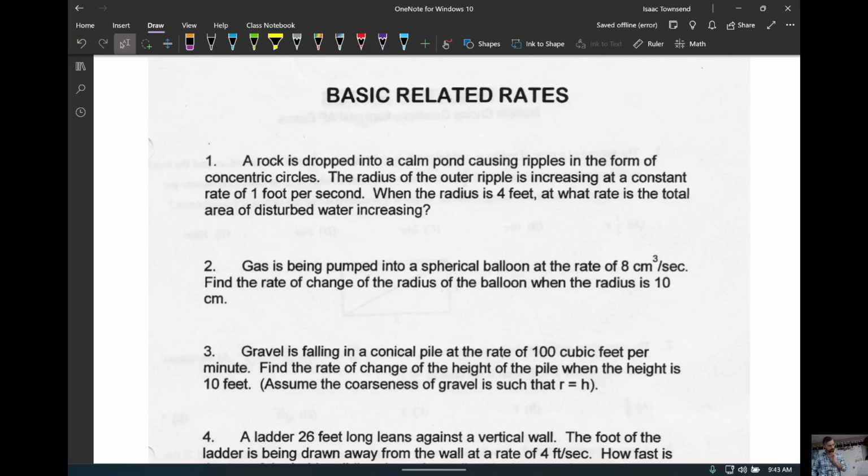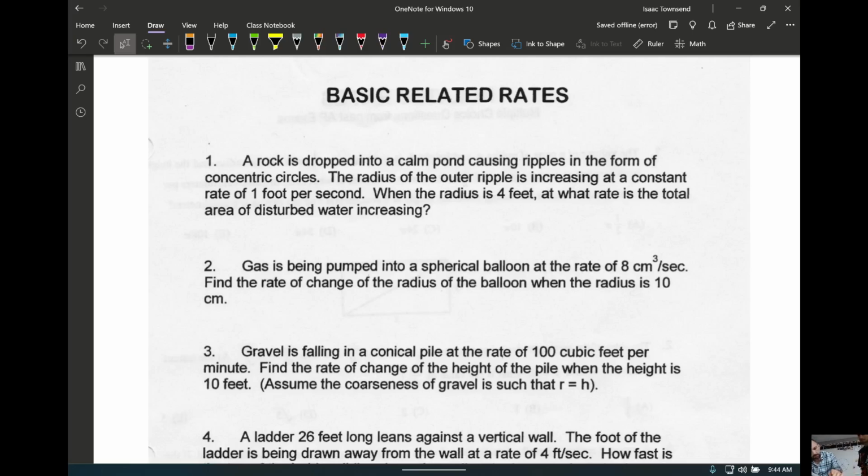For 6B, I got exactly half of that. I don't know why. Let's see. So right here, is that the work for that part?